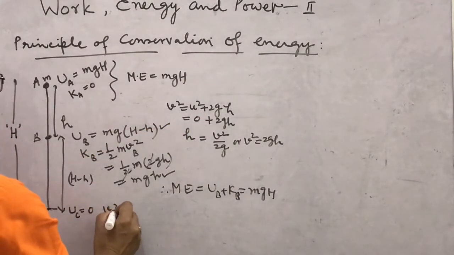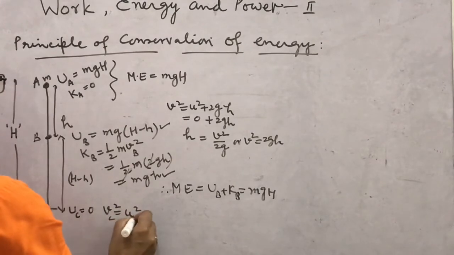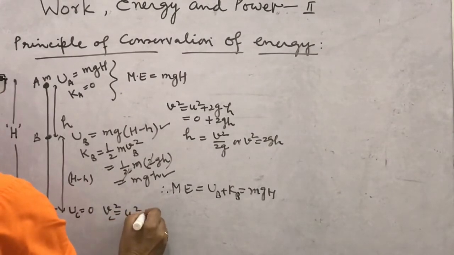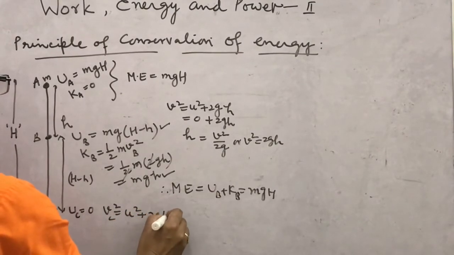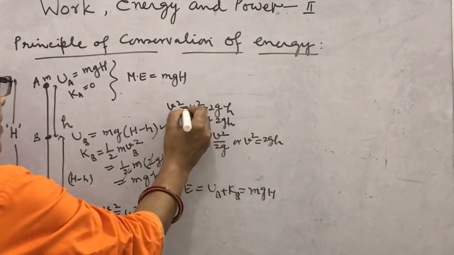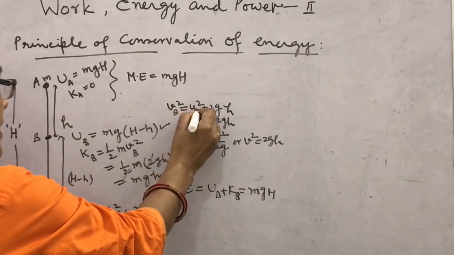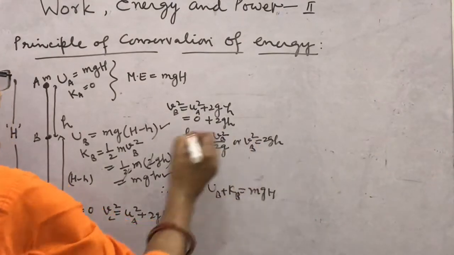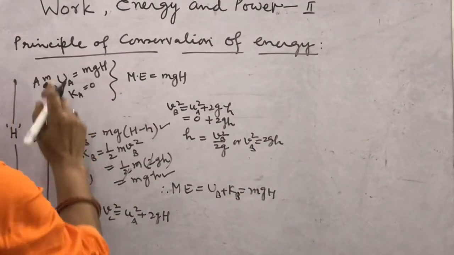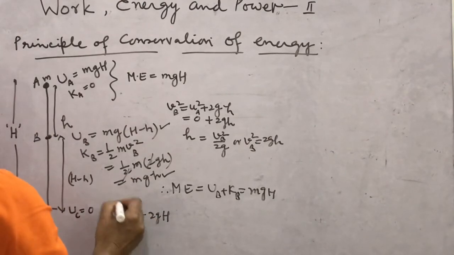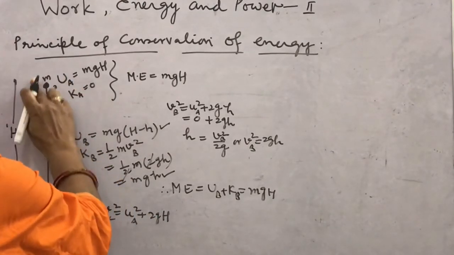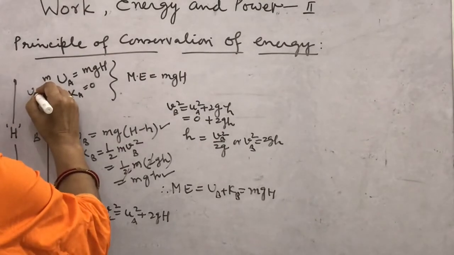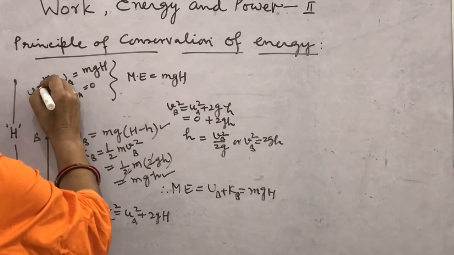Vc square equals u square plus 2gH, with u at A being the initial velocity, which is 0.